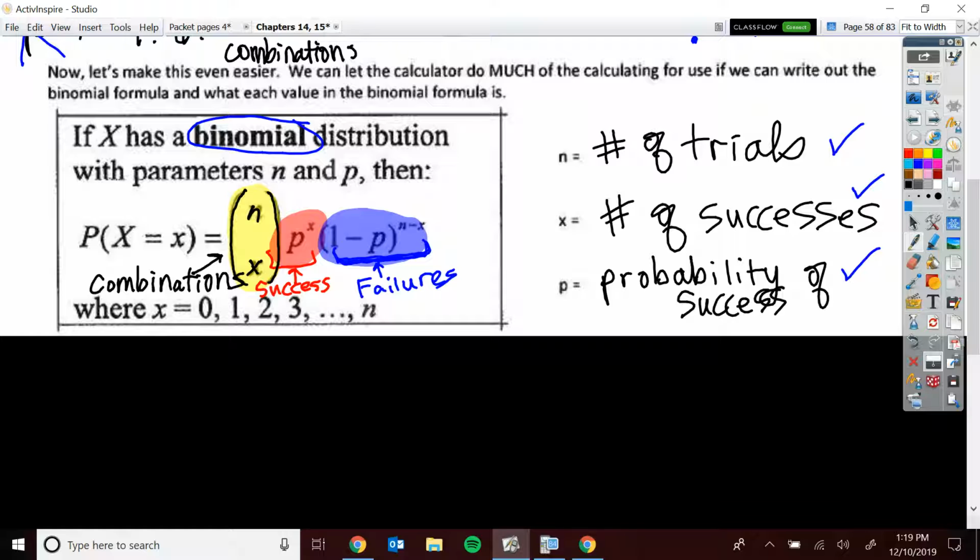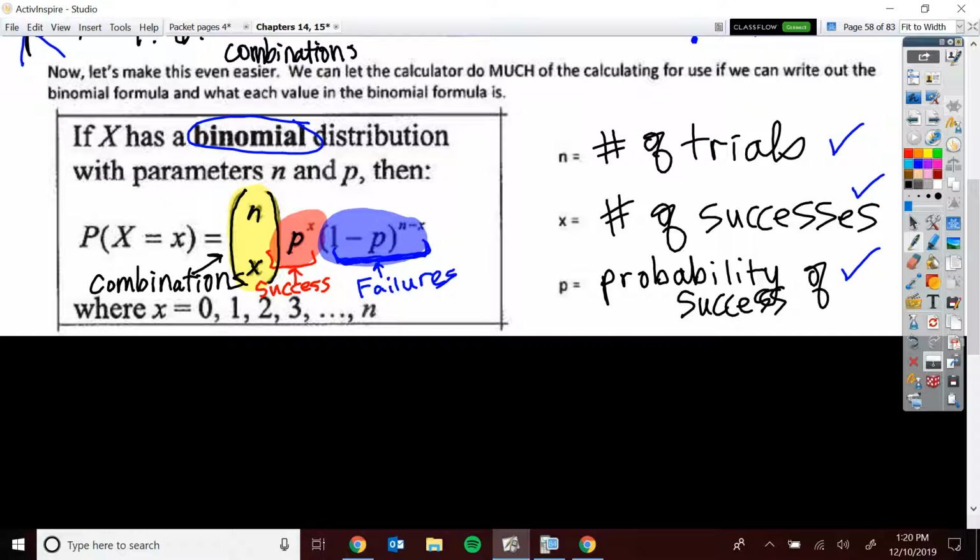Recall, no fraction line. What I have highlighted in red is the success probability to the number of successes, and what I have highlighted in blue is the failure probability. So that's what we've been doing. I just wanted to show you how it's notated on the formula chart.